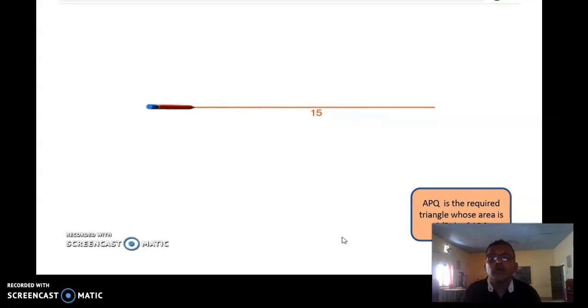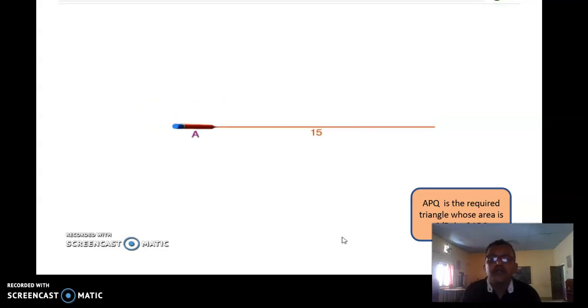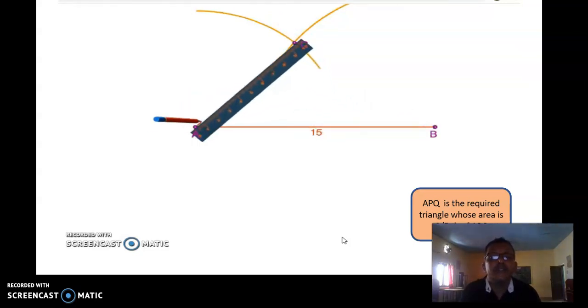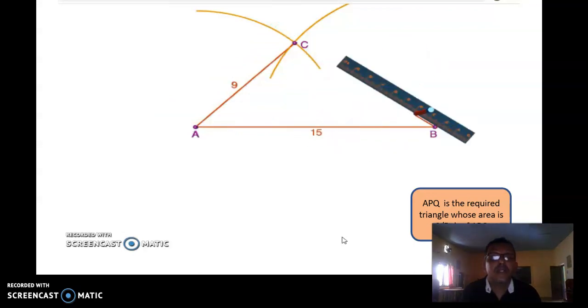Now from point A, by using compass with radius 9 centimeter, draw an arc like this. Now from B with 11 centimeter, cut that arc at C. That intersection point is C. Join AC and BC. This is the given triangle.